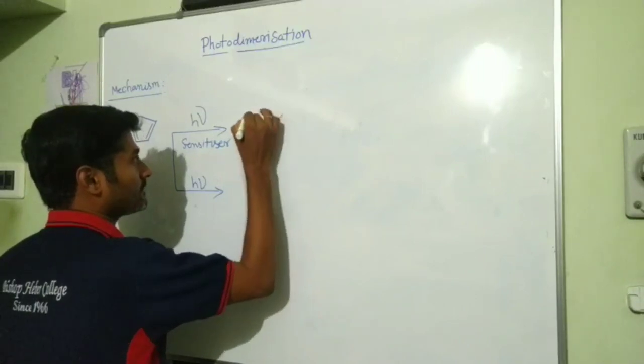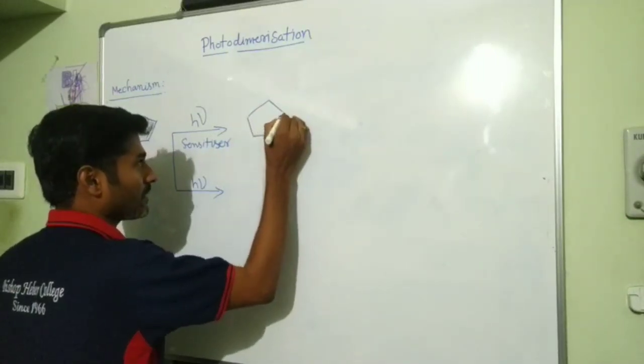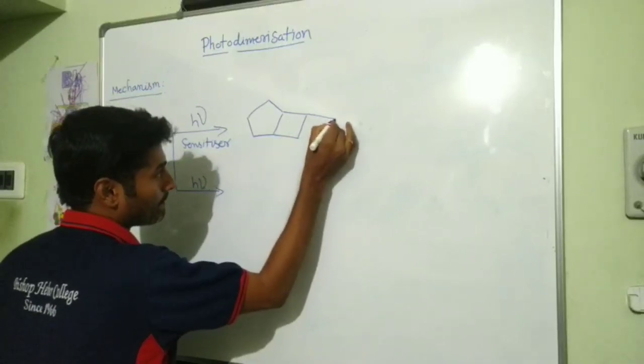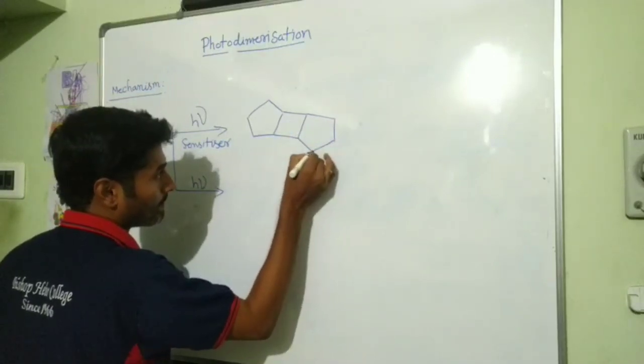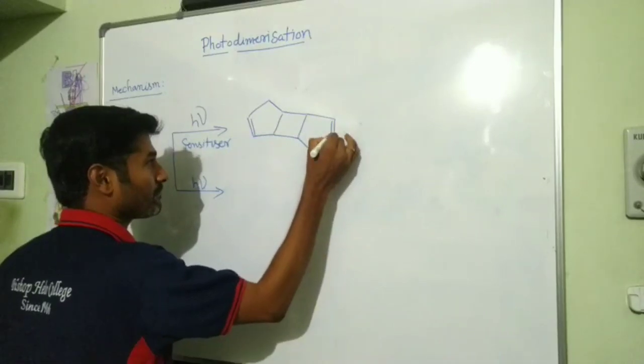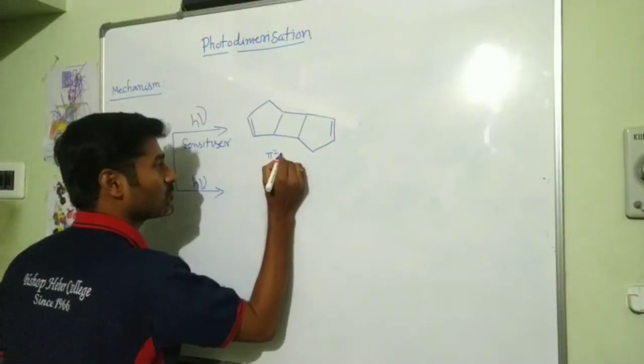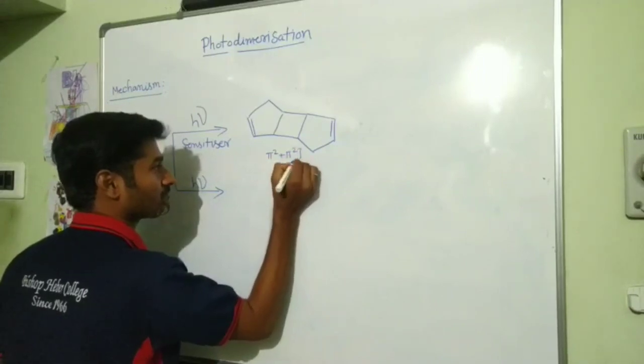One is dimerization. This is pi 2 plus pi 2 addition.